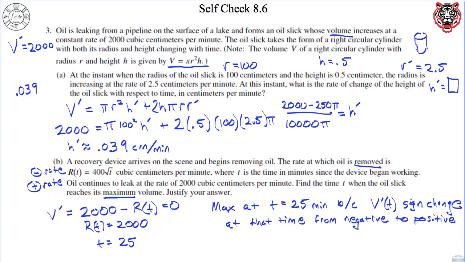So let's go back through this and score ourselves now. On part A, there were 4 points. So you need to first have all of your, I think you have to analyze that your V prime is equal to 2000 and your R prime is 2.5.